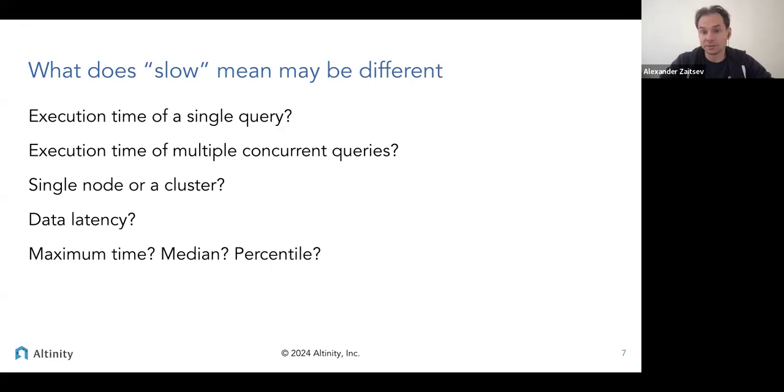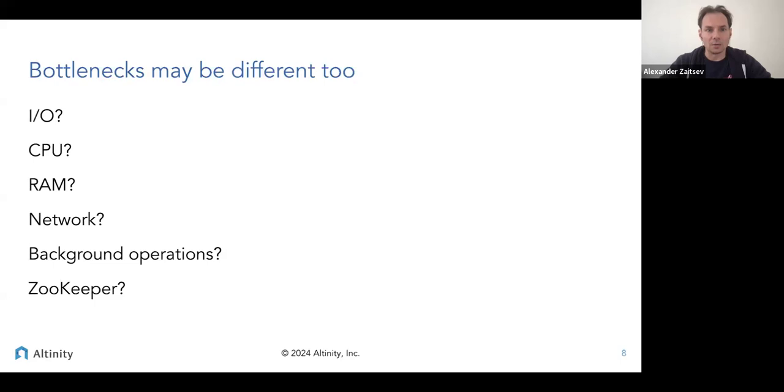But usually, when somebody means my ClickHouse is slow, there is some particular query, and this particular query requires some attention or optimization. When we're talking about the query itself, and if it is slow, it means that there is some bottleneck in the query. But what is this bottleneck?